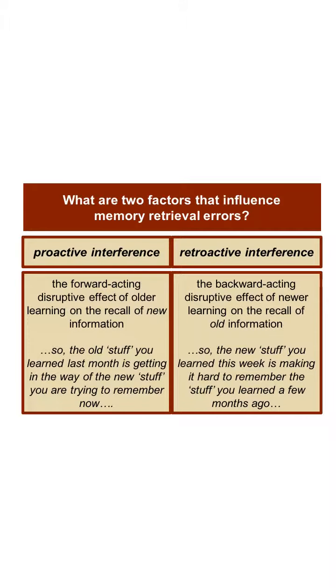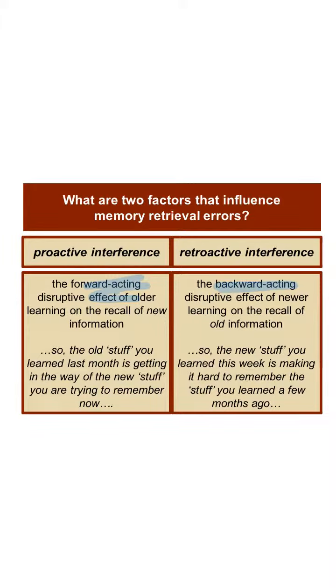So we have two types of interference: proactive interference and retroactive interference. Please focus on the fact that one is forward acting and the other one is backward acting, because pro means forward and retro means backward.